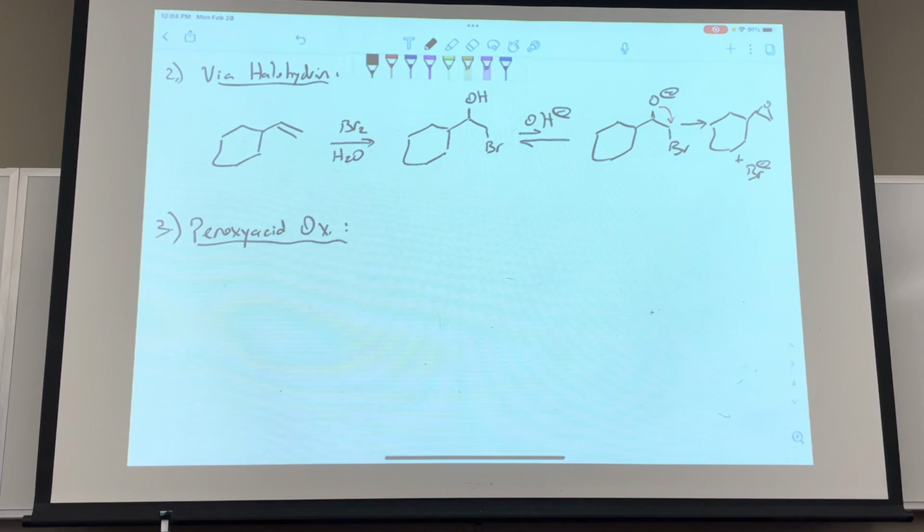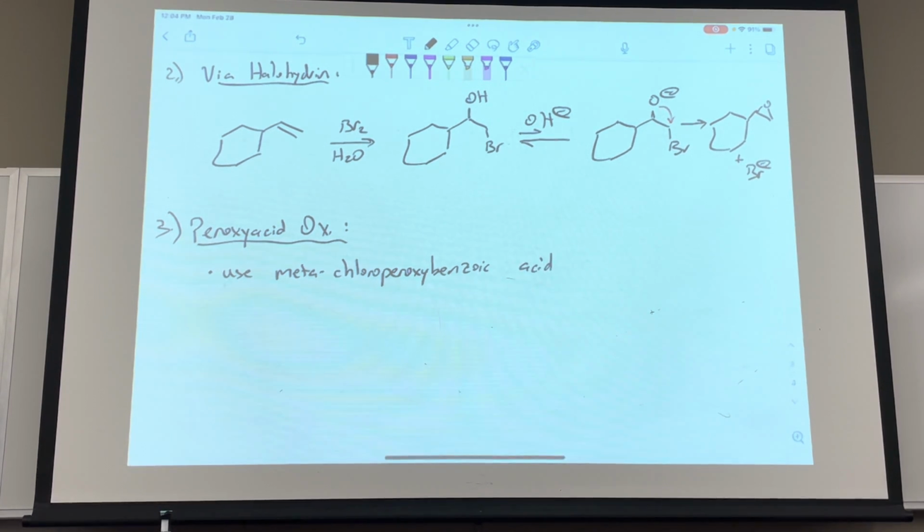In virtually any organic chemistry lab, you have a very common reagent called metachloroperoxybenzoic acid.